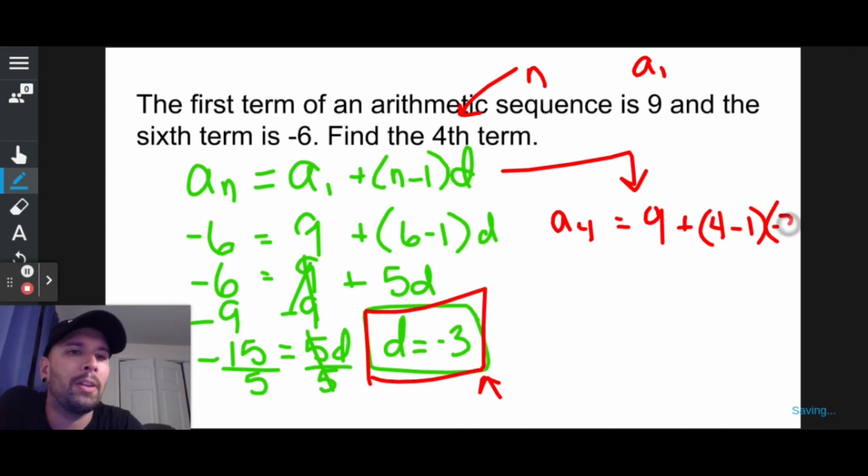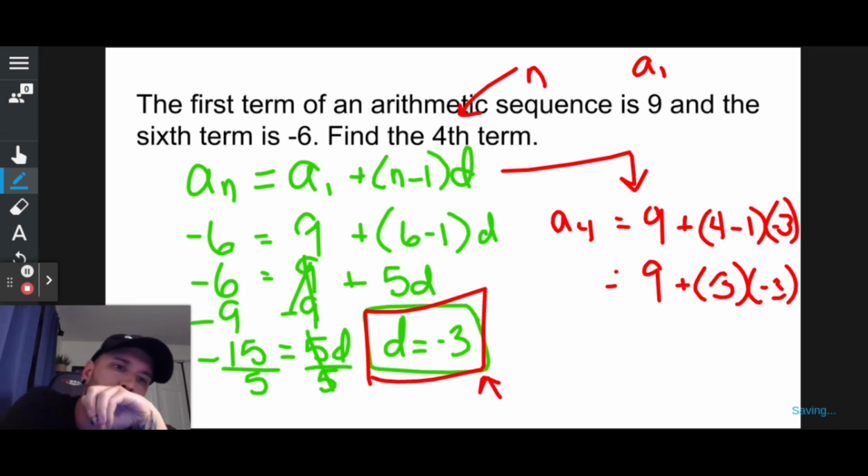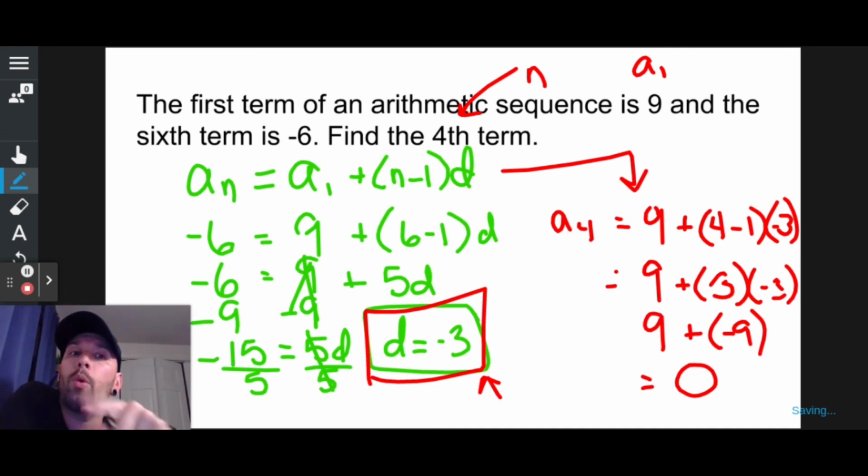So let me put parentheses negative 3. According to PEMDAS, I do stuff inside the parentheses first. 4 minus 1 is regular 3. Negative 3 times regular 3 is negative 9, and a number plus its opposite is 0. So the fourth term in this sequence is 0.